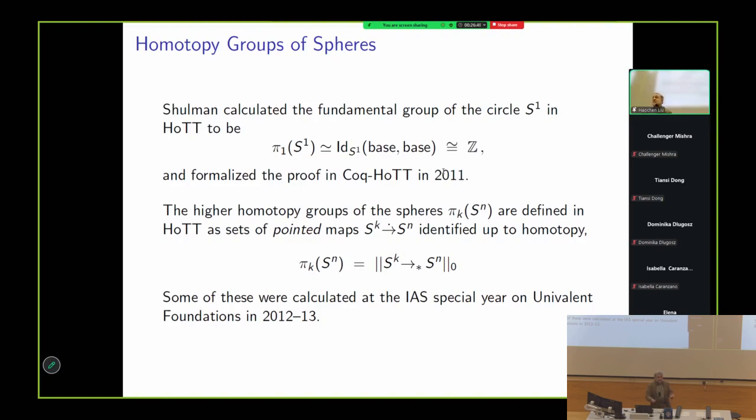It's a test for how to develop new methods and test the power of new methods to compute various homotopy groups of spheres. It turns out to be a very difficult problem. It's like the prime numbers are to number theory, the homotopy groups of the spheres are to homotopy theory, and a lot of research has been devoted to computing homotopy groups of spheres. So we took that as a target and started working on this problem.